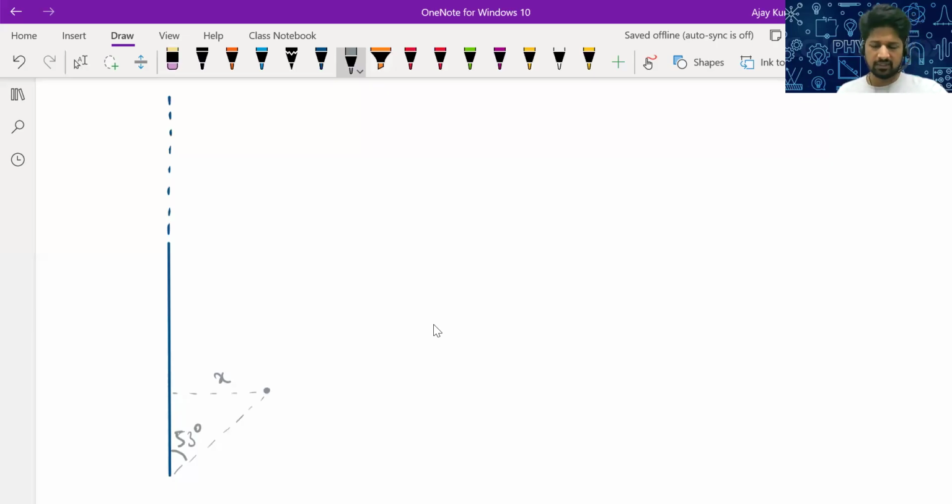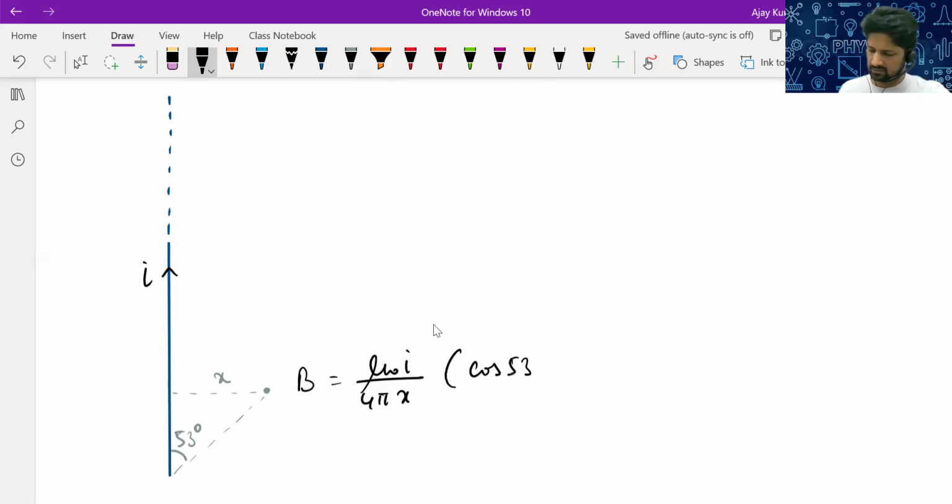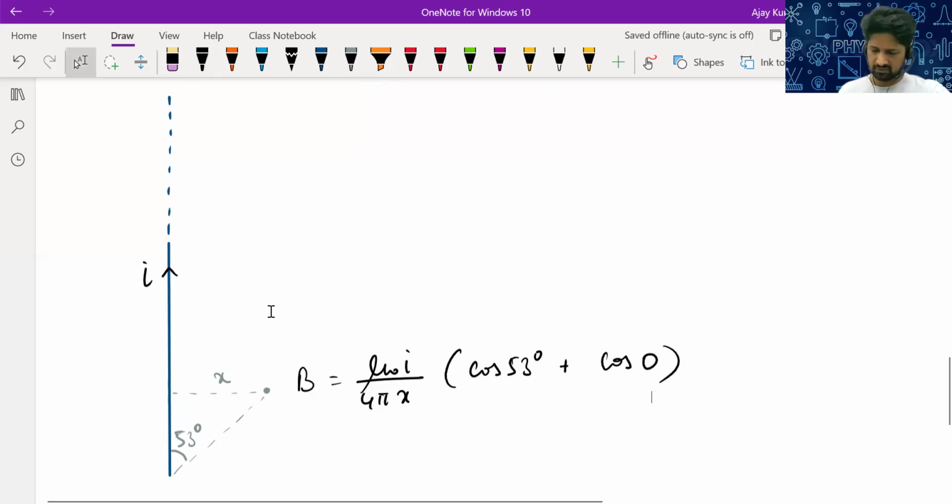The other end is at infinity. Then, it's quite obvious, I think you don't have to do any calculation also. The magnetic field here will be mu naught I by 4 pi x, cos of one angle is 53 degrees, the other angle is 0. Cos 53 degrees is 3 by 5, cos 0 is 1. Substitute them, you will get the magnetic field at that position.